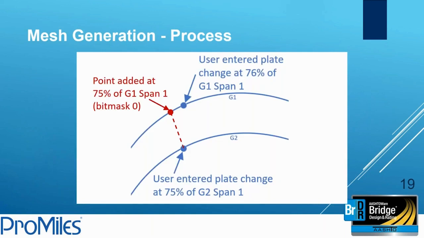So for G1, we add another node at 75%, and for G2, we add another node at 76%, due to the presence of that same node on the corresponding girder at the same percentage. These nodes are generally marked with a bit mask 0, and we will talk about troubleshooting, and we'll come back to how that bit mask will help you out when you're modeling a 3D model.